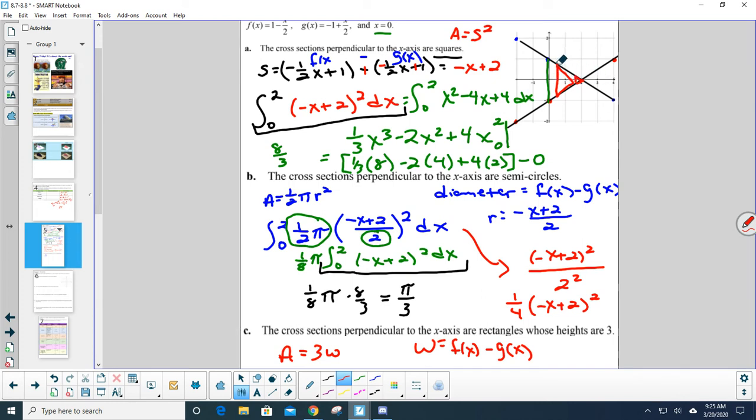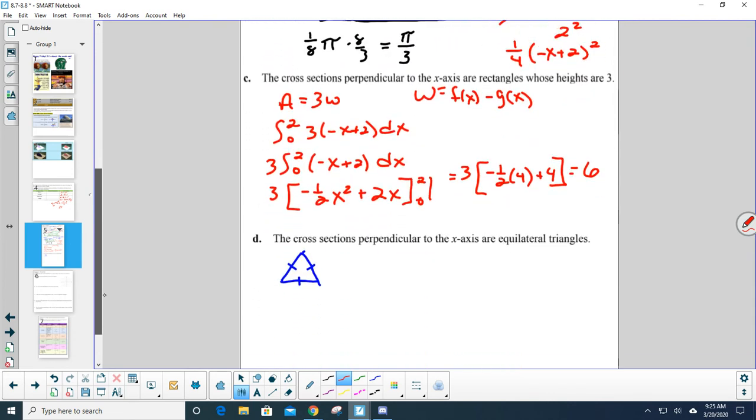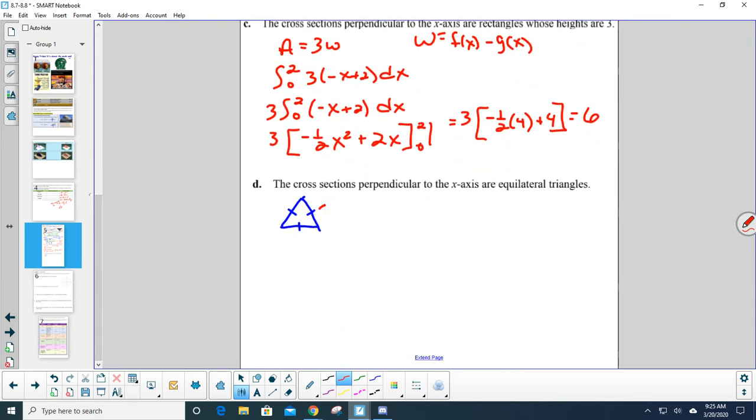And if you'll notice, the side is again f of x minus g of x. So because we have the formula area equals the square root of 3 over 4 times s squared, is that right? Is that what we wrote down a minute ago? Yeah, you need to flip your 4 and your root.